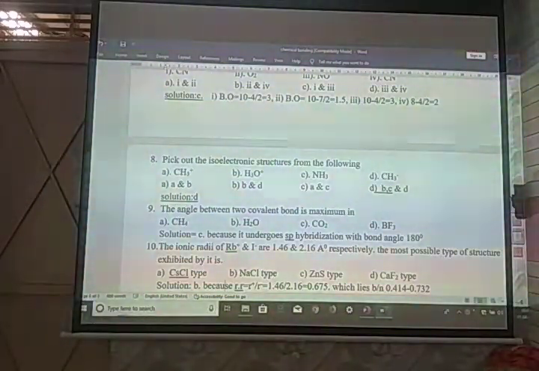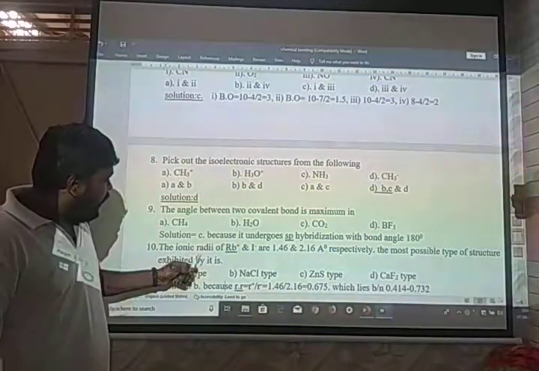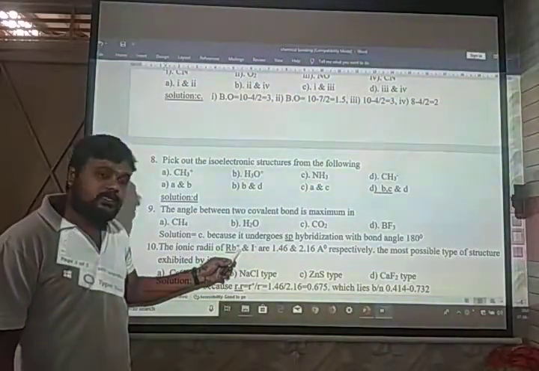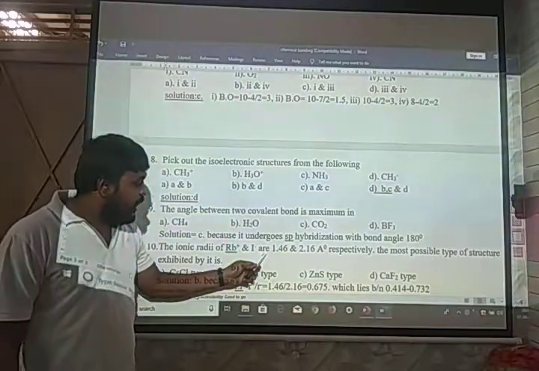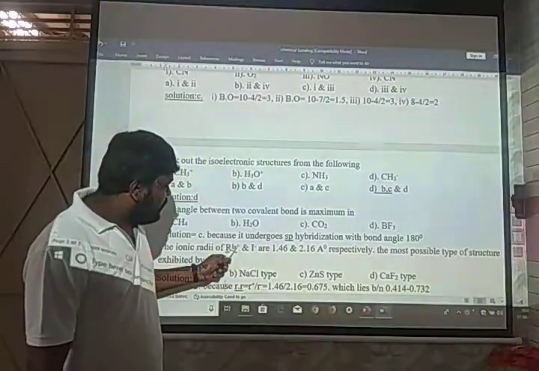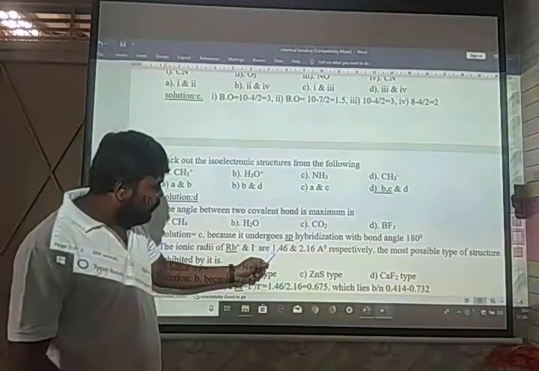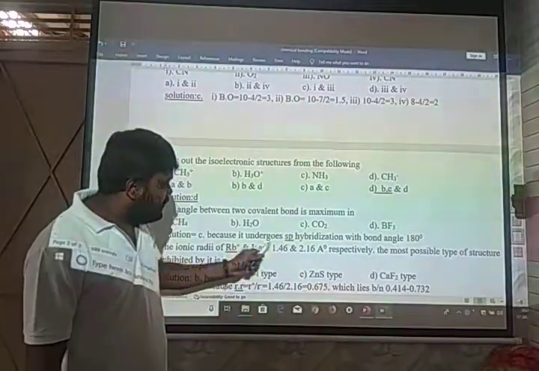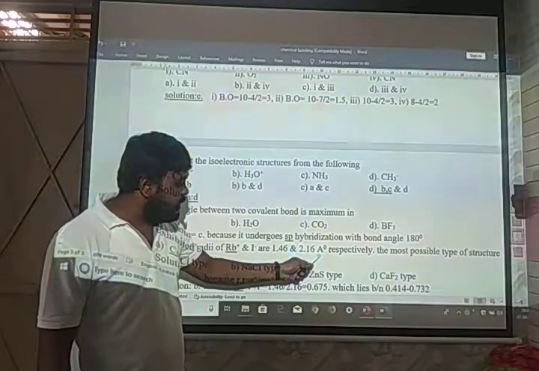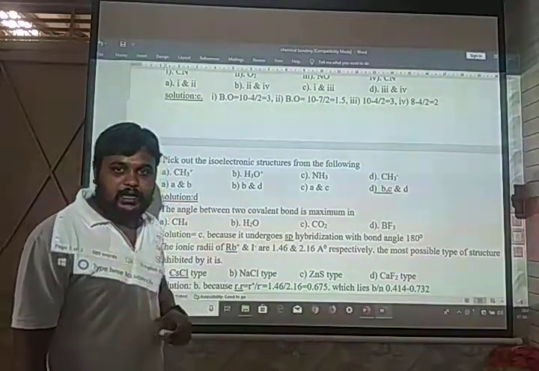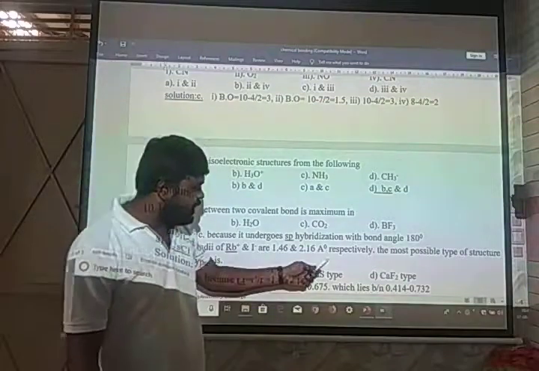So the next question is: the ionic radii of Rb plus, rubidium, and I minus, iodide. Rb plus has radius 1.46 and I minus has ionic radius 2.16 angstrom, 10 power minus 10 meter, respectively.